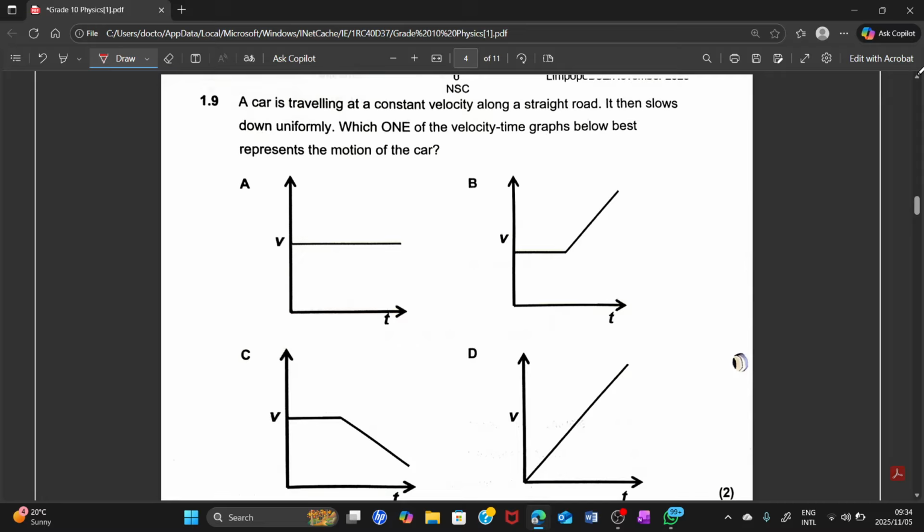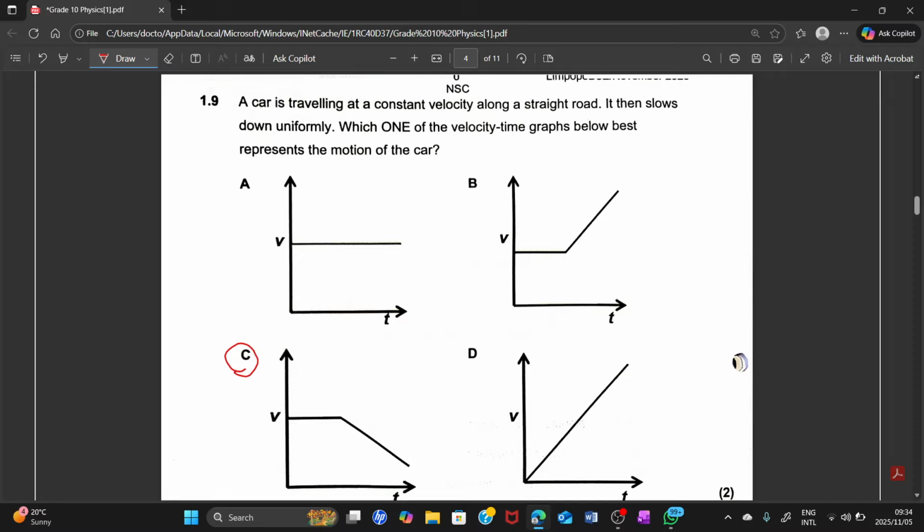A car is traveling at a constant velocity along a straight road. It then slows down uniformly. So which one of the velocity versus time graphs below best represents the motion of the car? The answer is C. It was moving at a constant velocity.